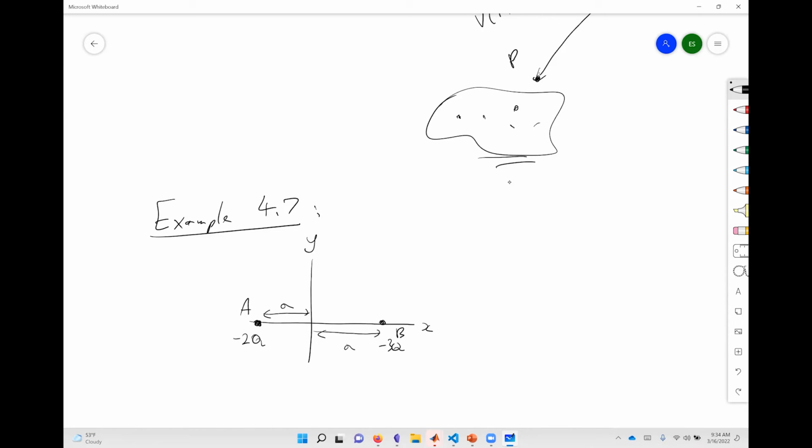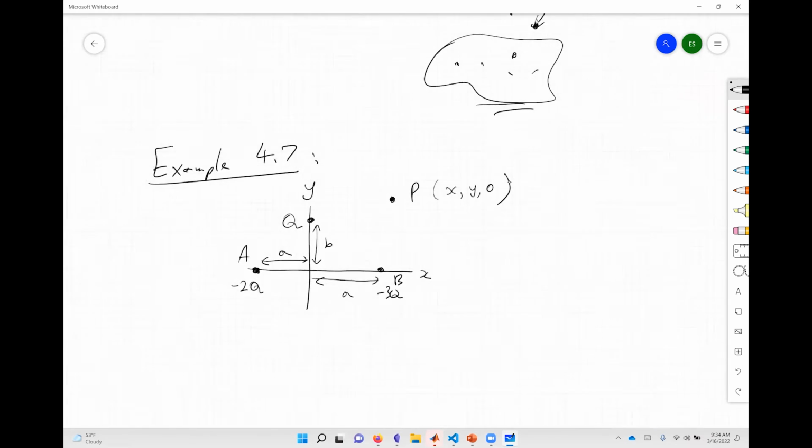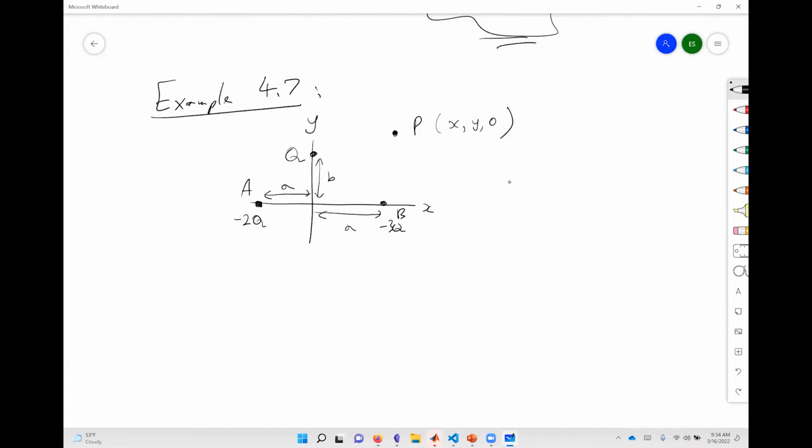This is charge B. And then I have charge Q, which is at a distance B. And then I need to find, at a certain point, this is point X, Y, Z is 0. This is a point on the plane. I need to find what is the potential there. That's the problem.